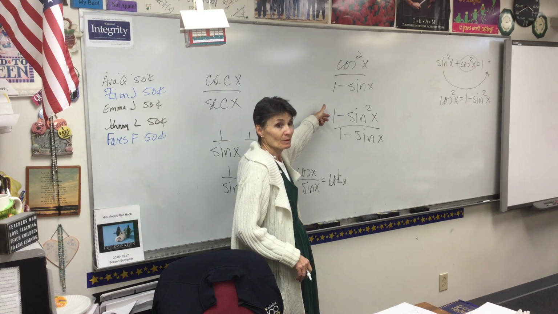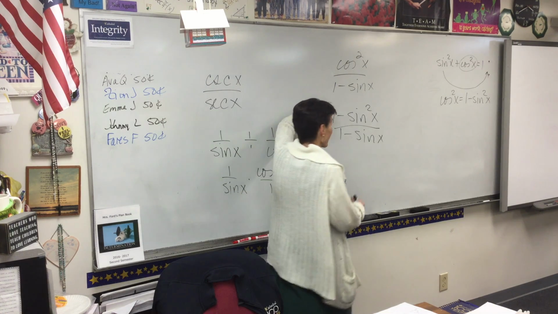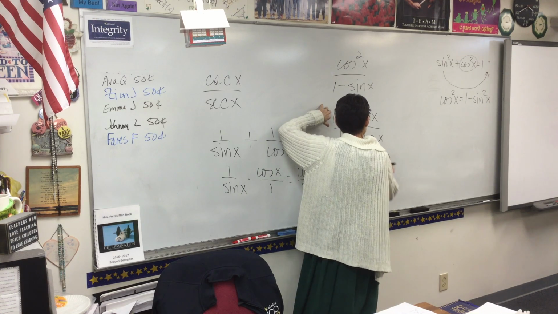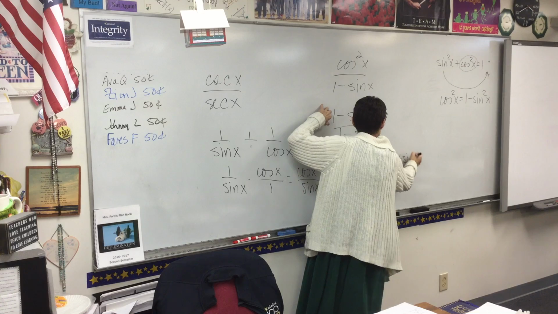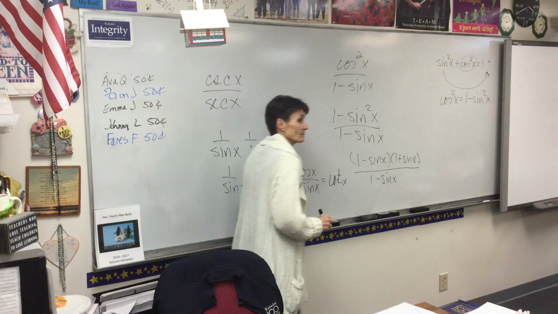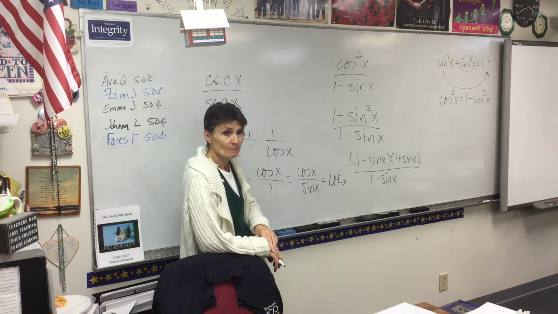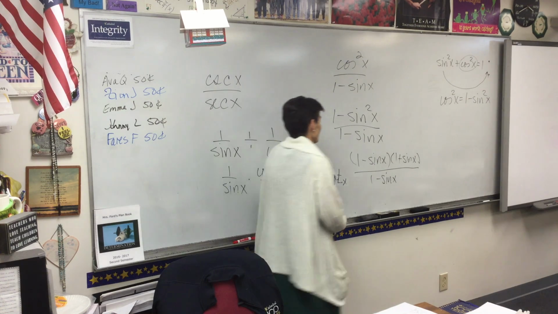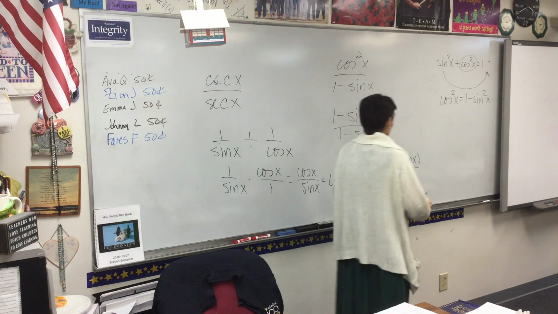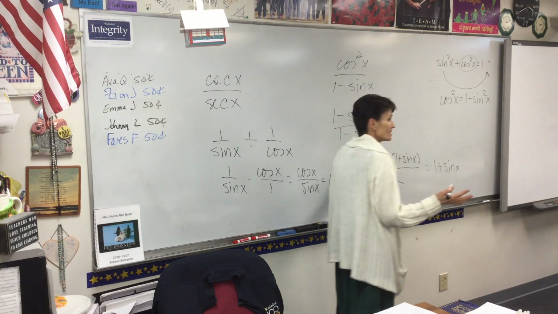It's the difference of squares. So how will that factor? 1 minus sine, 1 plus sine. Now that I have factored, now I can cancel. So what is our final answer for that one? 1 plus sine.